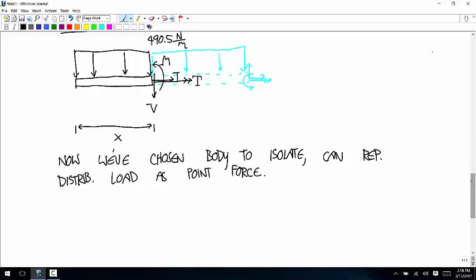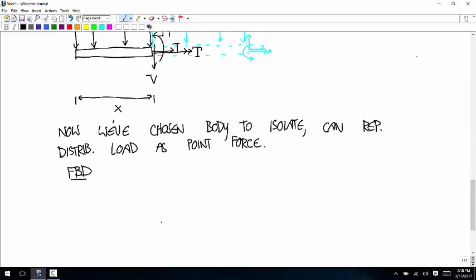So I'll draw this again, the free body diagram. Here is the piece we're isolating. Let me do the other things first. Here are the internal loads: we got T, V, M, and torque.